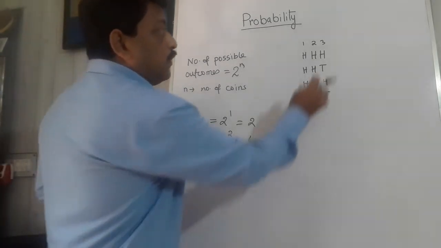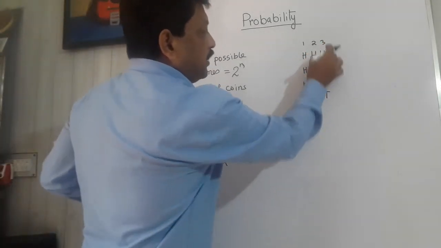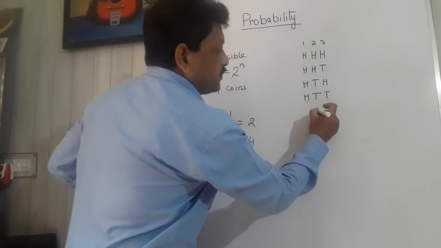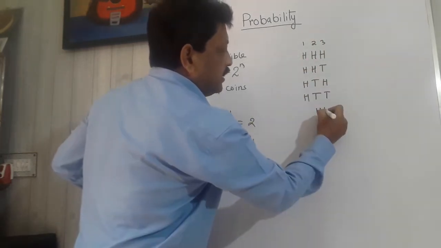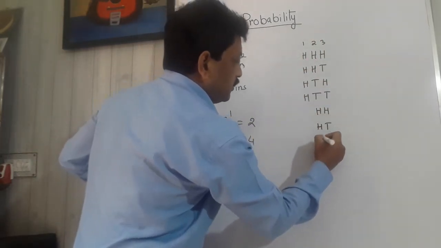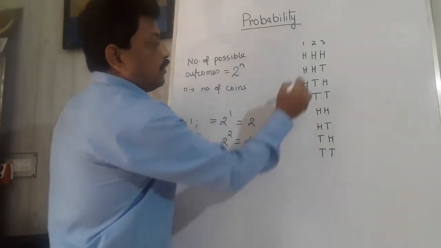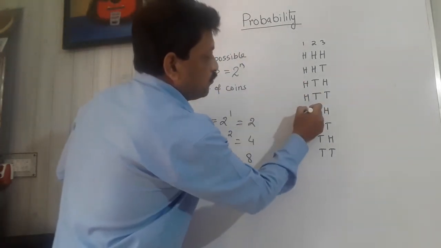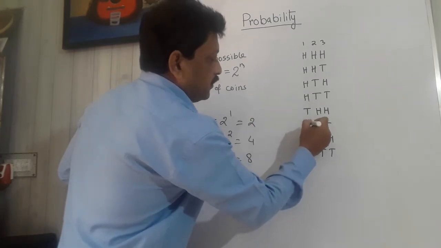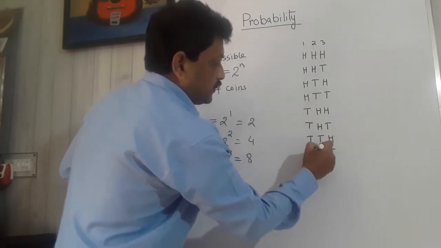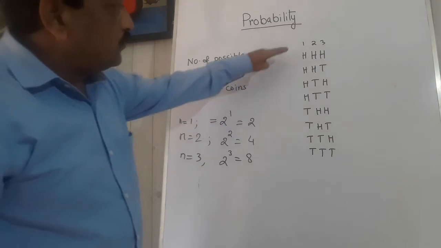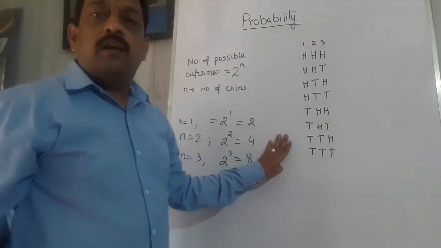Understood? Now again repeat the possible outcomes with the 2 coins as we have done earlier, HH, HT, TH, TT, and this time put tail in all the cases as the first coin. So just count it, there are 8 possible outcomes.